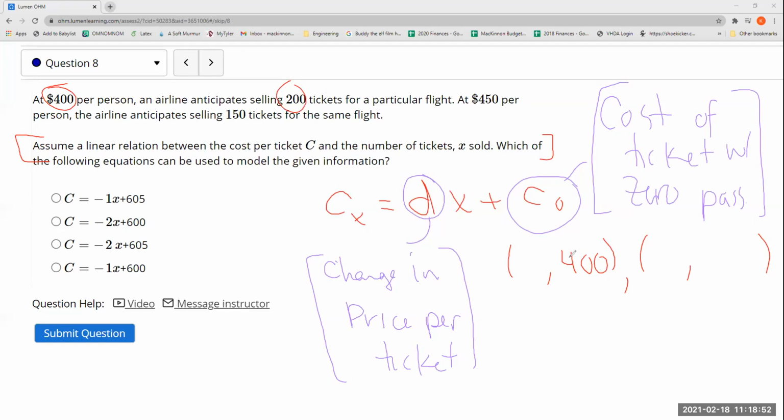And I sold 200 tickets to get to that cost. And then we've got 450 here. And that was after I sold 150 tickets. You can say X1, Y1, X2, Y2.